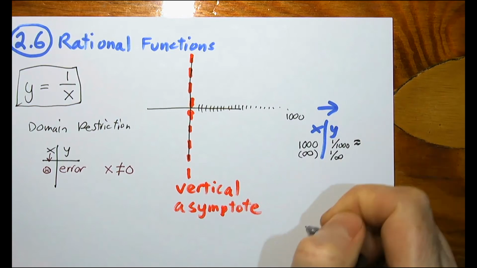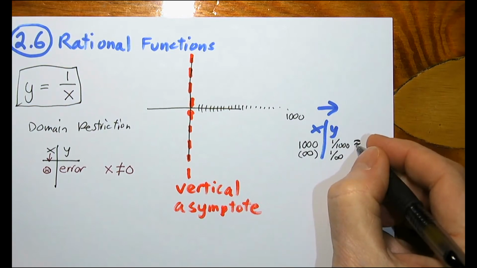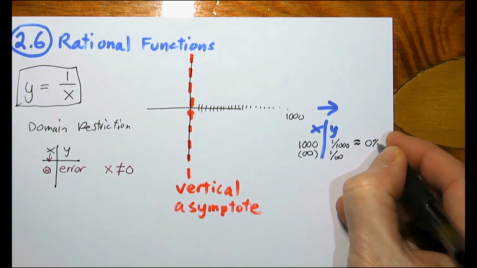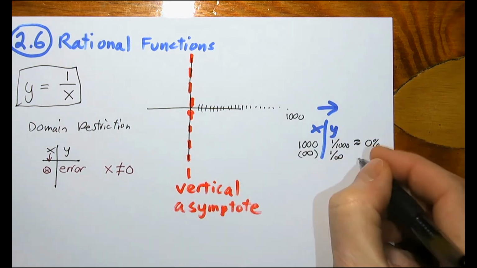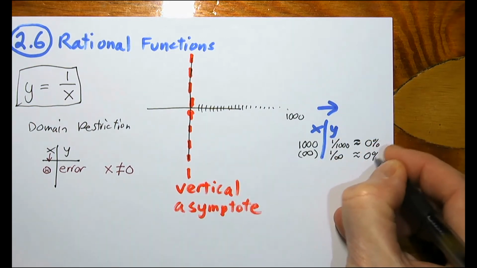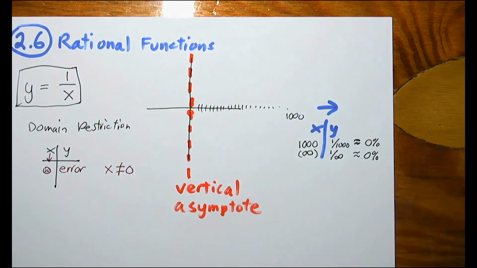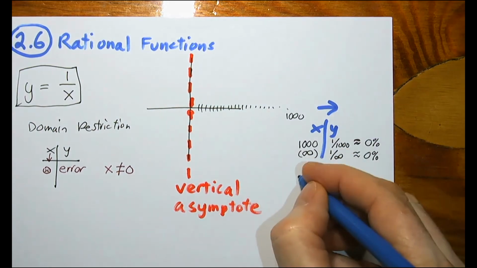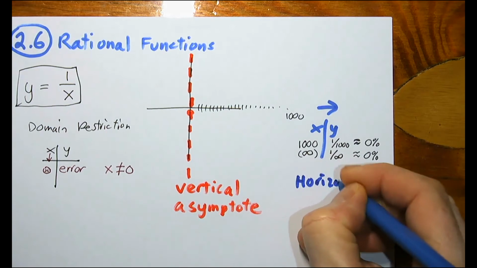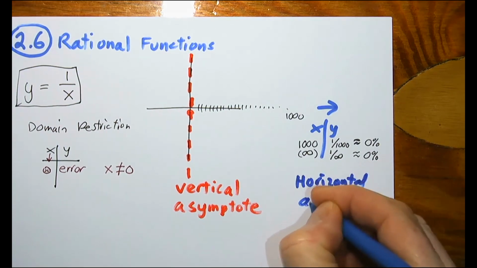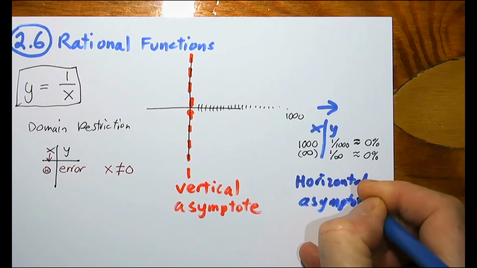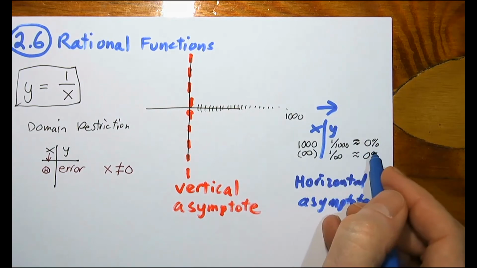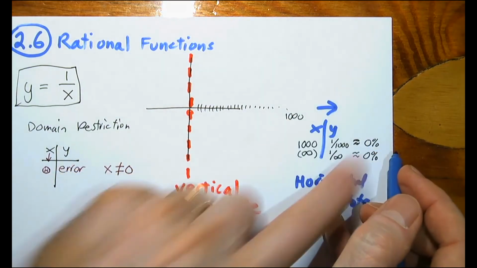Well, that's almost a 0%, isn't it? Or 1 out of infinity, you're kind of like a 0. So that's so close to 0 that we put a horizontal asymptote. This is getting close to 0. When you go way off the paper, you get close to 0.